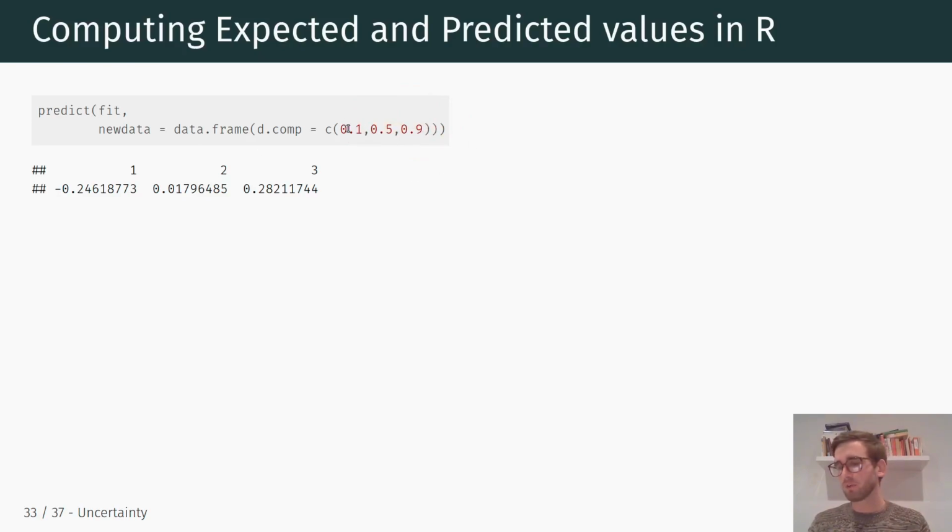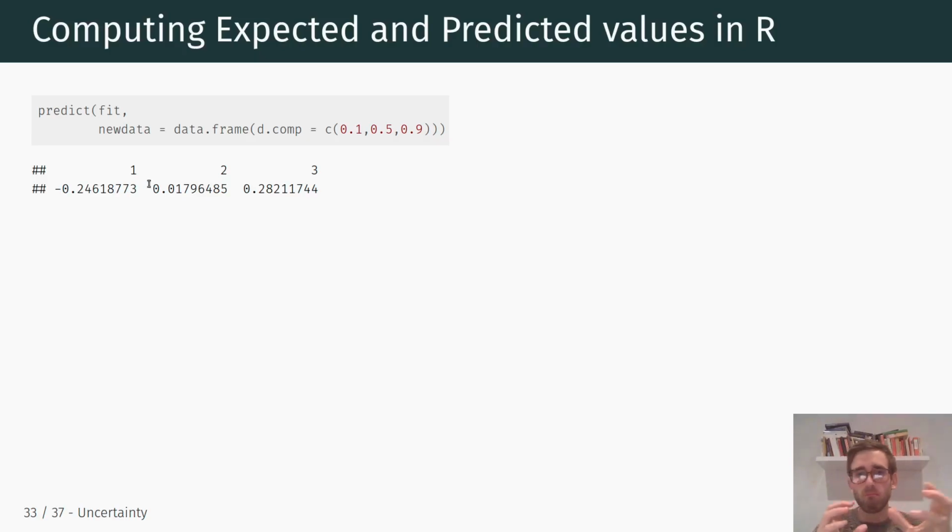Here, for example, we want to compute predicted values for competence ratings of 0.1, 0.5, and 0.9. And the predicted values that we get are minus 0.246, 0.0179, and 0.282. So those are the predicted vote margins, with positive values in favor of the Democratic candidate and negative values, of course, in favor of the Republican candidate.